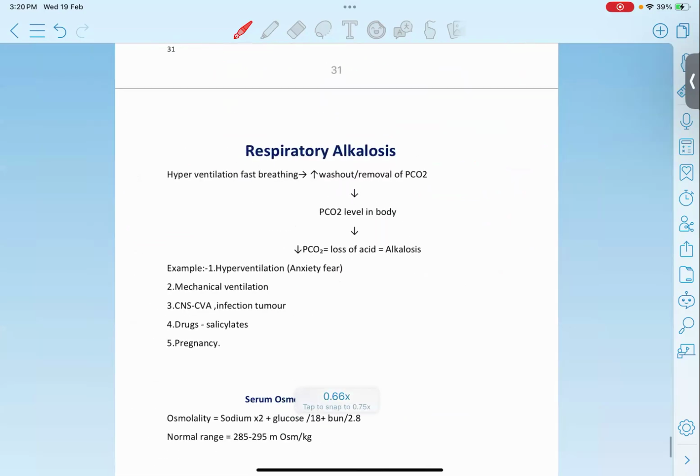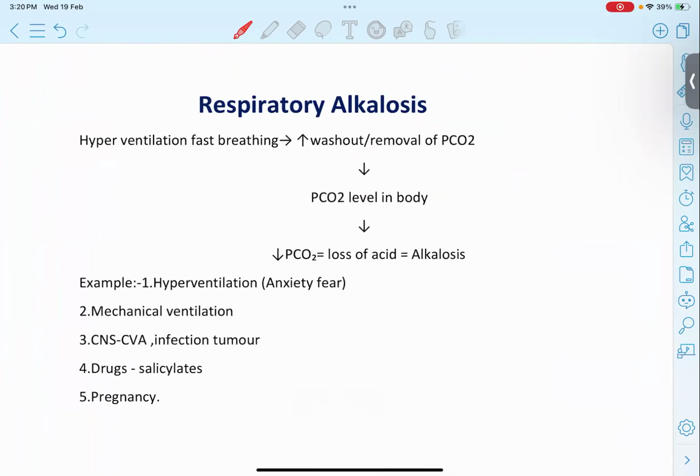Next, respiratory alkalosis. I have already discussed this. Respiratory alkalosis means low PCO2. Since it is alkalosis, there is low PCO2, because PCO2 is an acid. Whenever there is hyperventilation, there is more washout of PCO2, so PCO2 will drop.